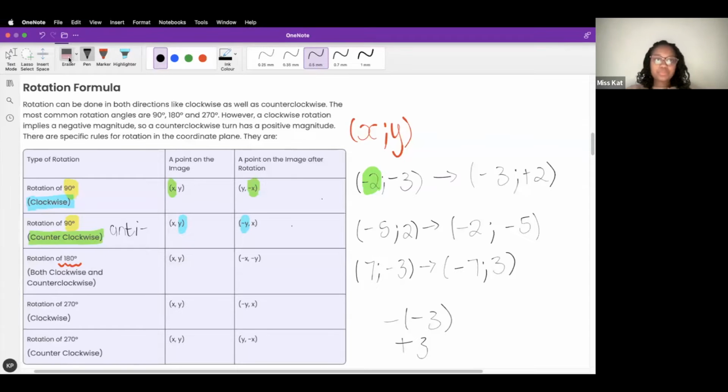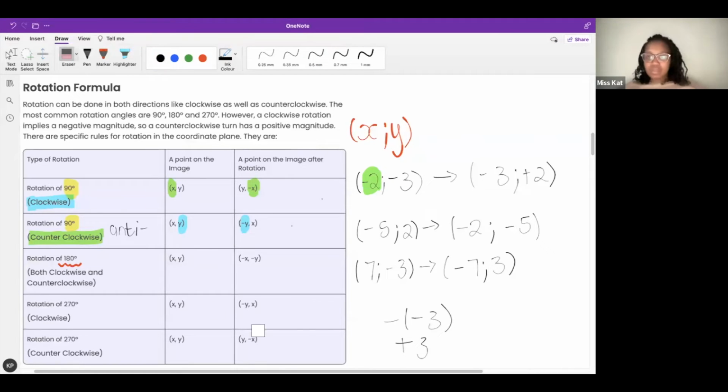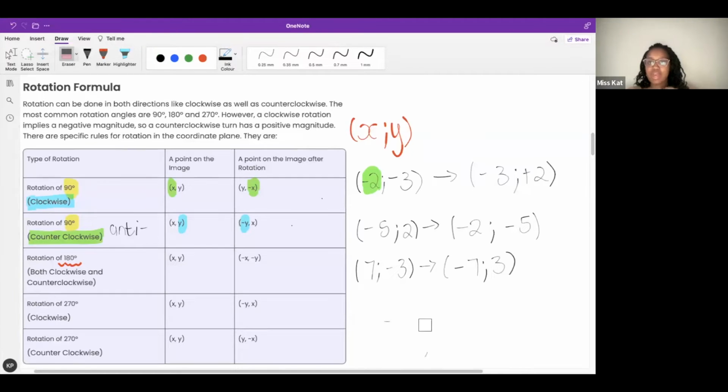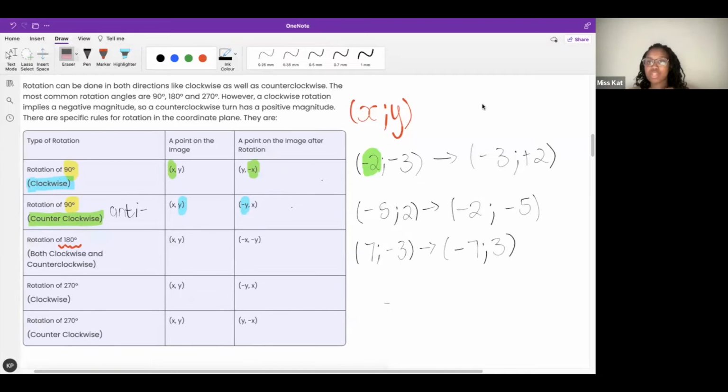So if it was previously positive, it becomes negative, and if it was negative, it becomes positive. Why did the 2 change by the second one? Because it's the rule, Darisha. Let's look at the table. The table says the one that was X in the beginning will change signs.